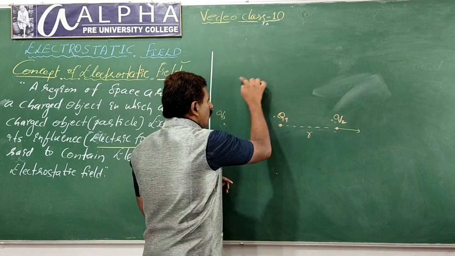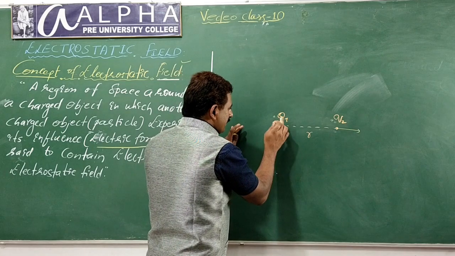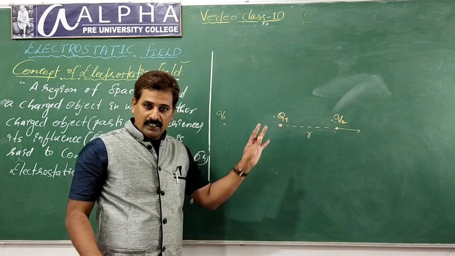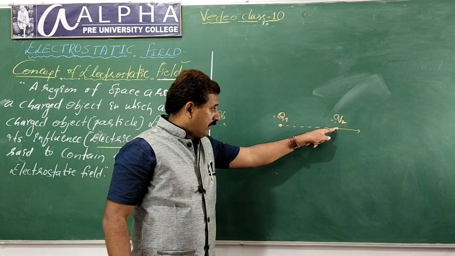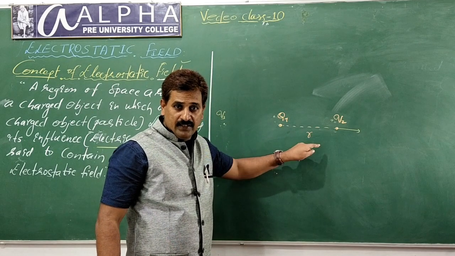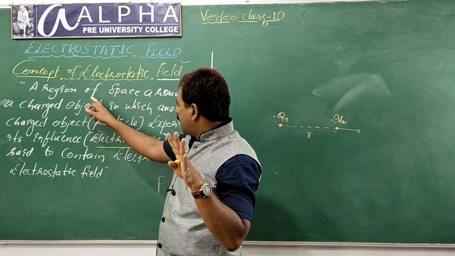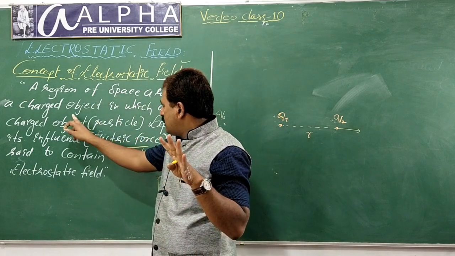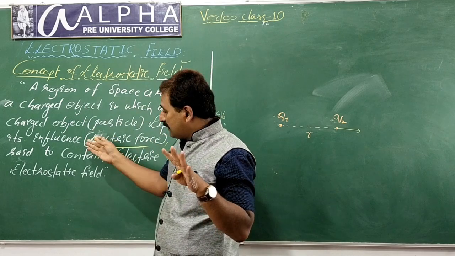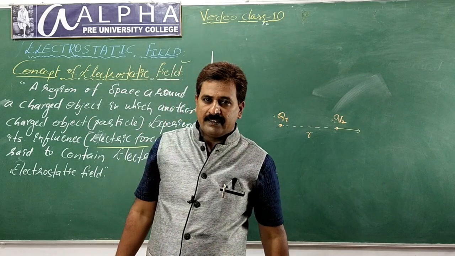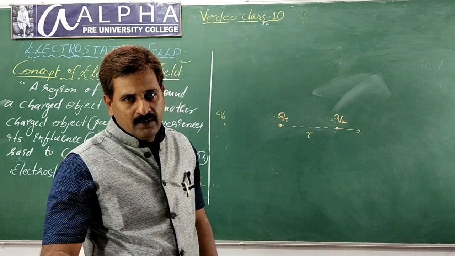Like that, all around in this region, this charge influences other charges. Not only here, it can influence a charge anywhere around. That's why it is a region of space around a charged object in which another charged particle experiences a force.